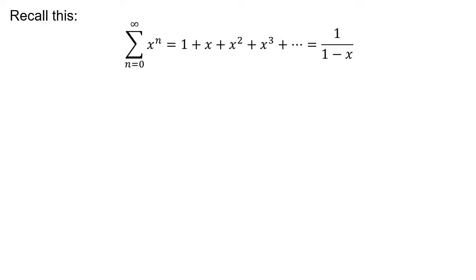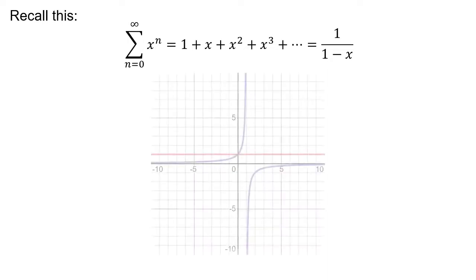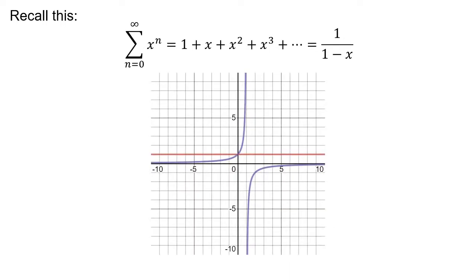And so I could come up with an approximation for 1 over 1 minus x using this long string of polynomials added together. The actual graph for 1 over 1 minus x would be this kind of purplish line, and there's a reddish pinkish line at y equals 1, where that would be the first term of my polynomial.